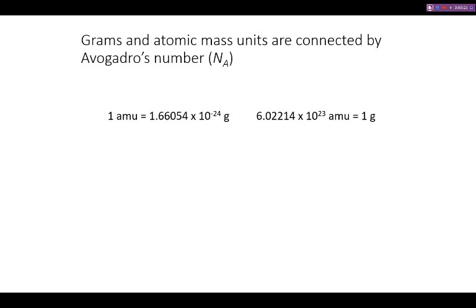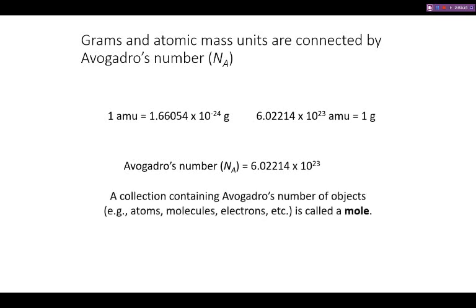If you have heard of Avogadro's number before, Avogadro's number is based on this relationship. And it's the number of things that there are in 1 mole, M-O-L-E. And so a collection that has Avogadro's number of objects, and that can be atoms or molecules or electrons or hair particles or balloons or your friends, that's called a mole.